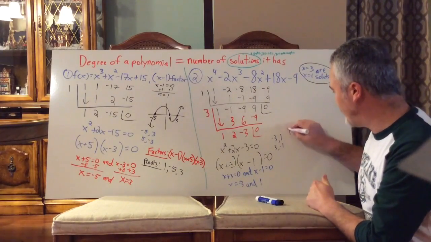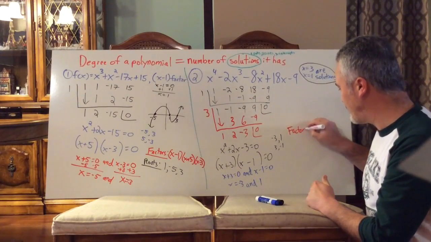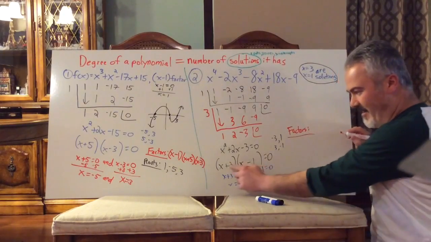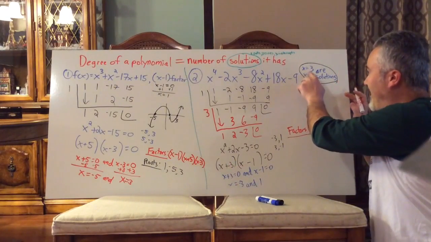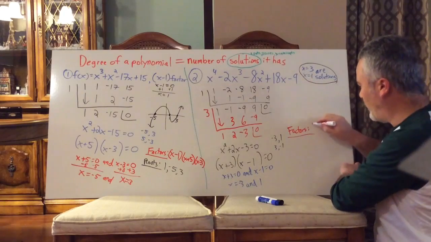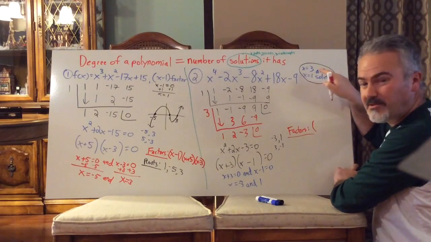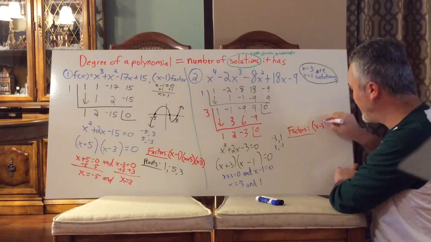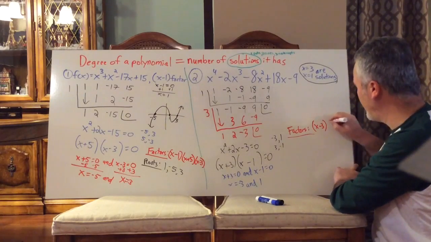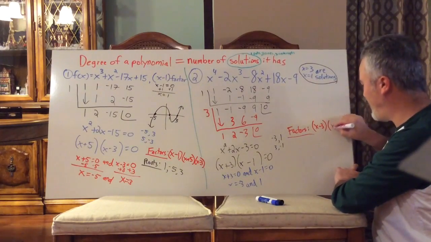If I want factors, I have, first of all, the 2 that are up here, which if it's x equals 3, it's x minus 3. If it's x equals 1, it's x minus 1.